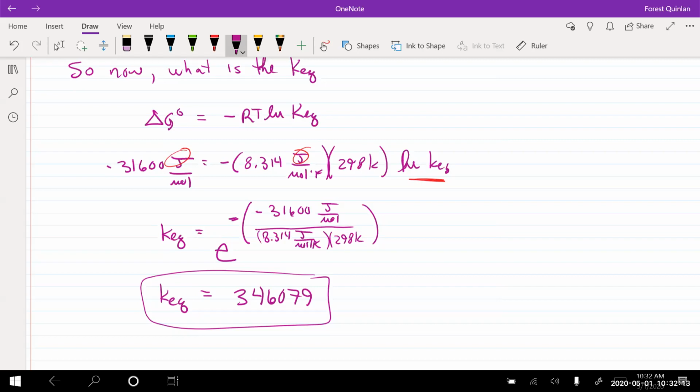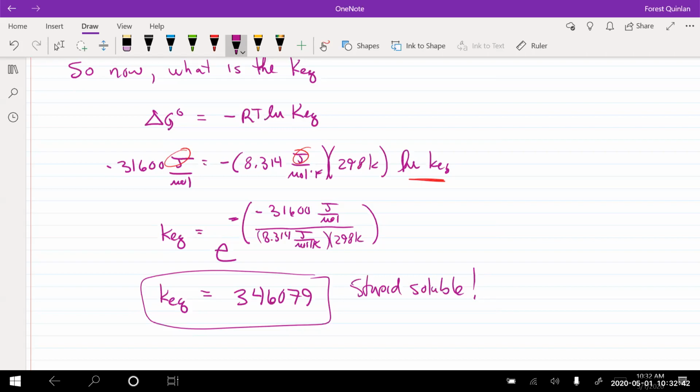I don't feel like arguing. All I know is this. Stupid soluble. So I'm going to go ahead and do that anyway. 31600 divided by 8.314 divided by 298.